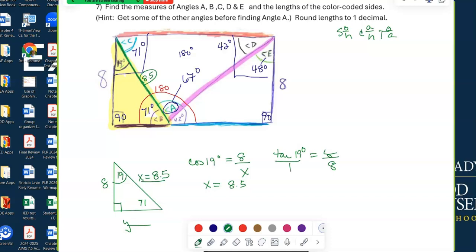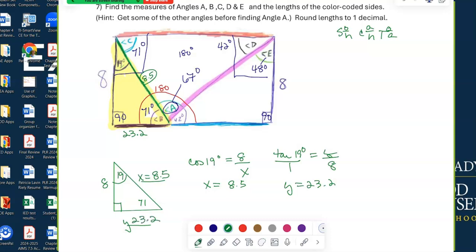Do your cross products, 8 times the tan of 19, and you get 23.2. So down here is 23.2, and so is this.